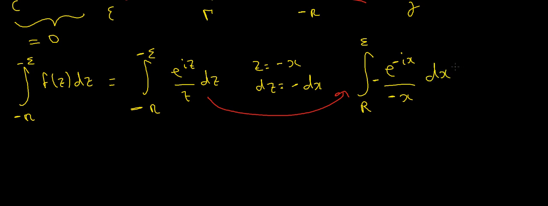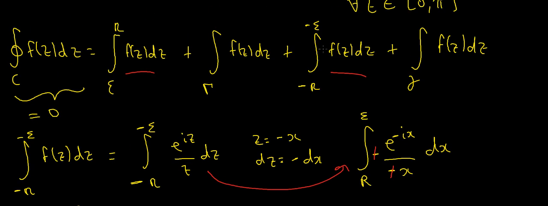Now, one thing I can do immediately is cross out these negative signs, so they cancel, and that leaves me with the integral from r to epsilon of e to the negative ix divided by x dx. Now also notice that I'm integrating from r to epsilon, but I want that to look like my integral from epsilon to r, because my first integral is from epsilon to r, which is the opposite order of the limits of integration.